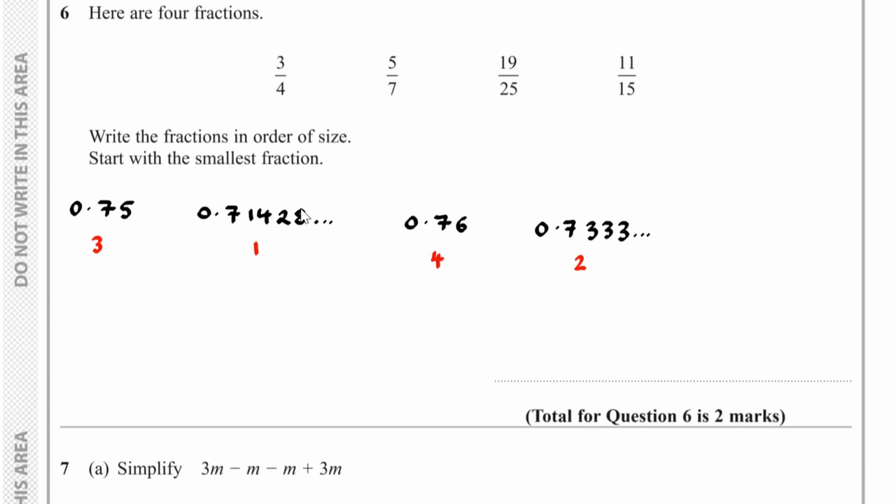And therefore, we've got 5/7 as the smallest, followed by the 11/15, followed by the 3/4, followed by the 19/25.